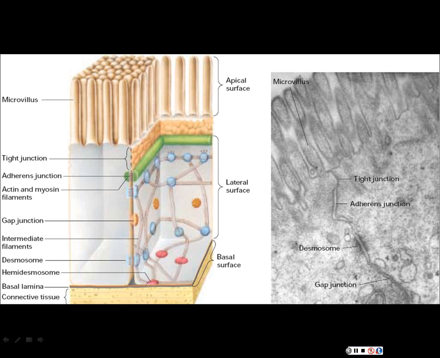What questions do you have about cell structures or extracellular junctions before we move on to our favorite chapter, metabolism? All right, so let's go ahead and jump into the plot, if you will. Metabolism.